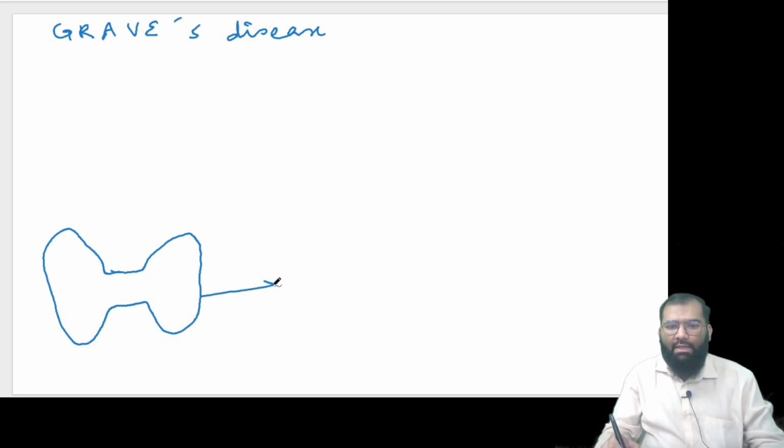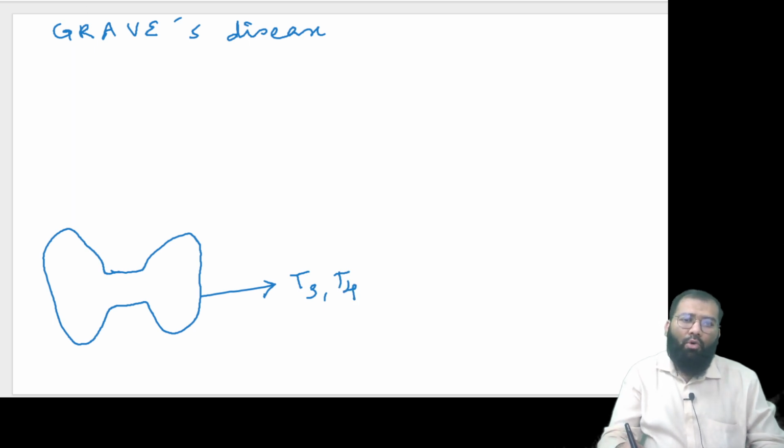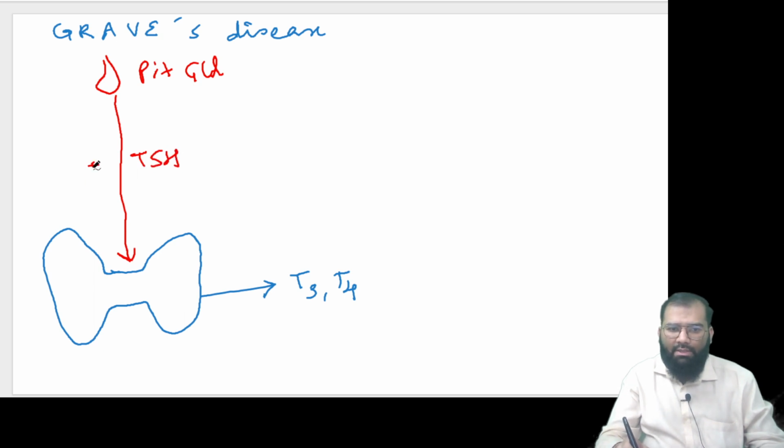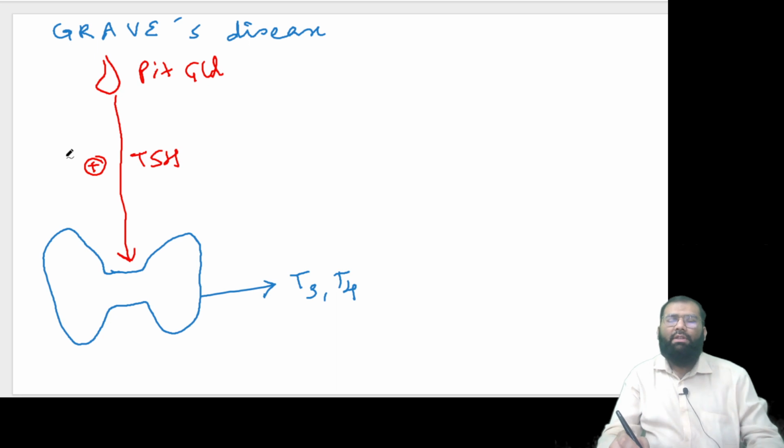The thyroid gland secretes T3 and T4. T4 is thyroxine. Both of these secretions are under the control of the pituitary gland, which secretes TSH, thyroid stimulating hormone, and this stimulates the release of T3 and T4.